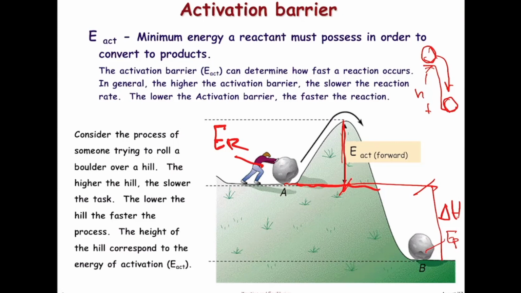So you got to supply the chemical a minimum energy. That minimum energy allows that boulder to be on the top part of that activation energy. And then that boulder can either fall back or move forward. It can either return back to reactant or convert over to product. And so this is called the transition state.